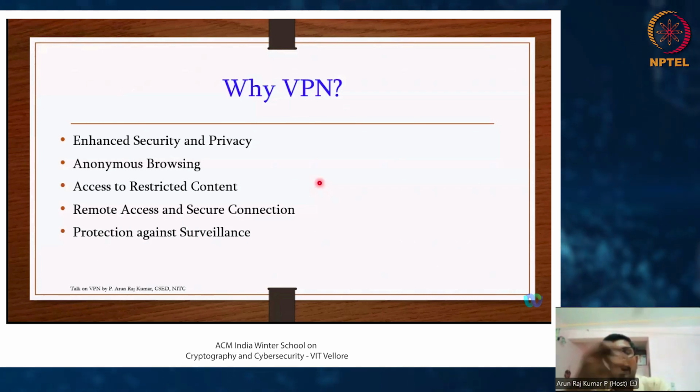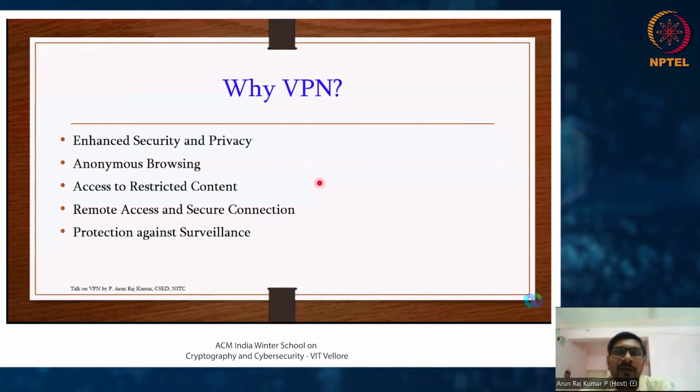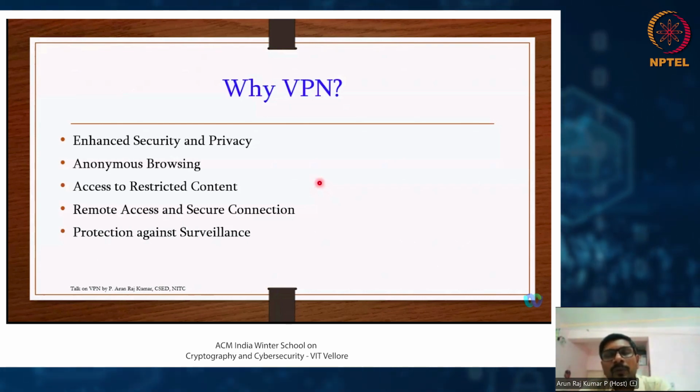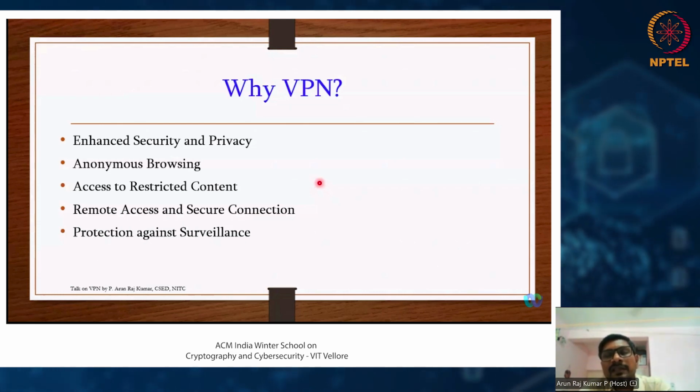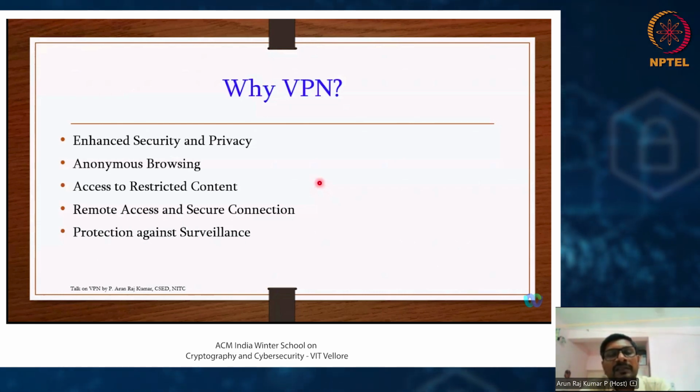Suppose in India, some of the websites are restricted. So they download a VPN client from Europe and then access the restricted site, because through Europe you are accessing the site that is restricted in India. This is called access to restricted content.